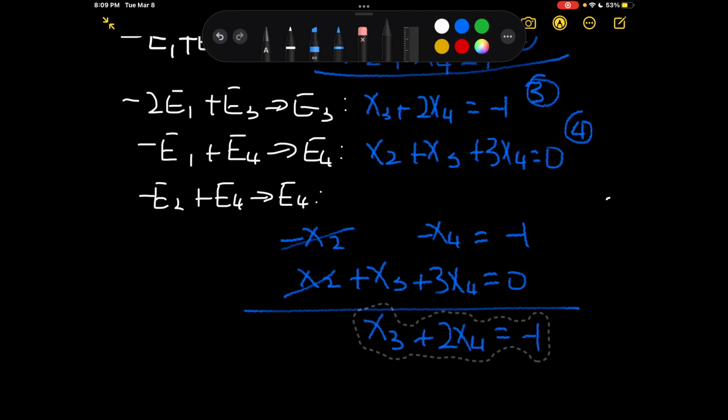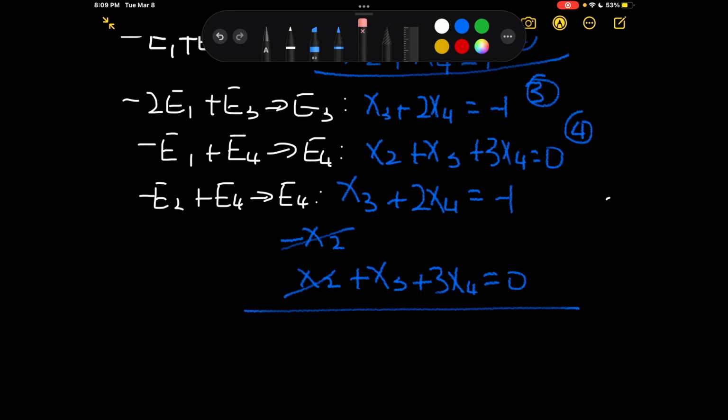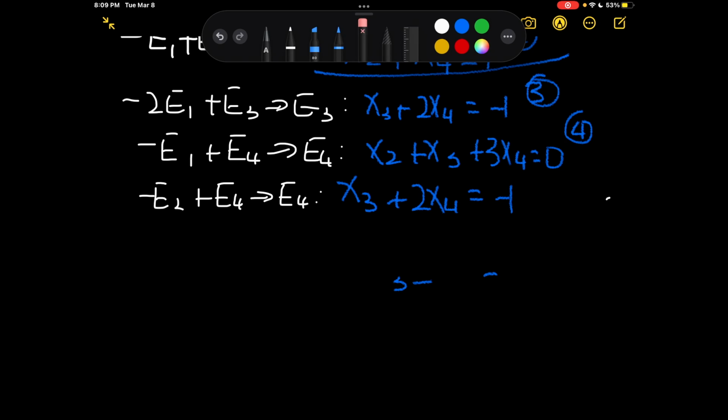Let's move this one up and clear those out. This is our new equation 4. The following operation asks us to do negative equation 3 plus equation 4 and replace equation 4.